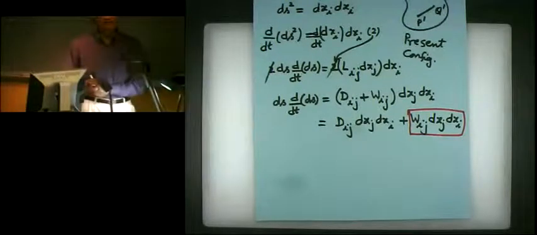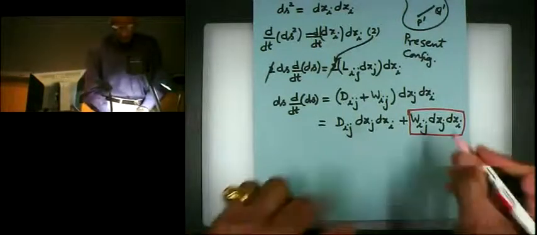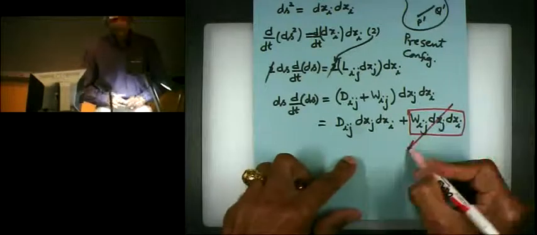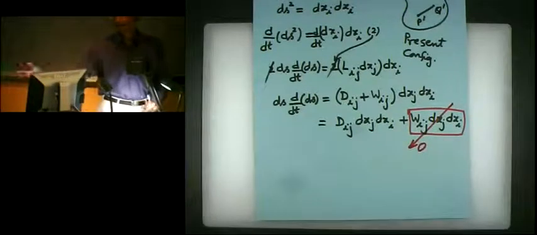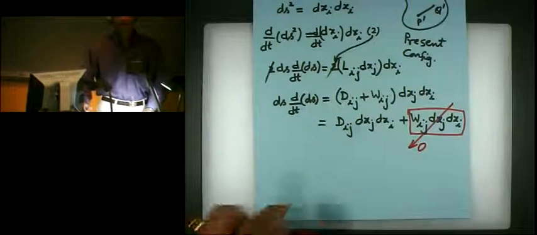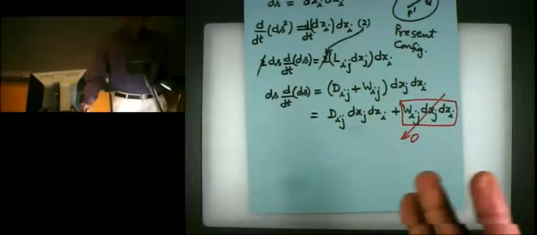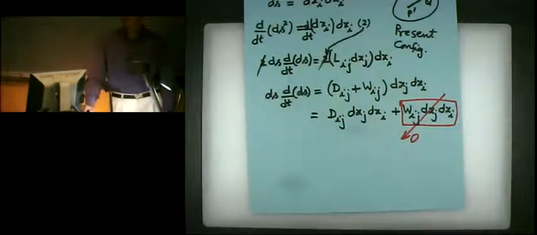You can look up your notes, homework assignment number 2, problem number 2: if Tij equals minus Tji, show that Tij Ai Aj is 0. So this thing is 0. Just write it longhand. W11, W22, W33 are 0 because W is skew symmetric, and the W12 term will cancel with the W21 term because one is the negative of the other.